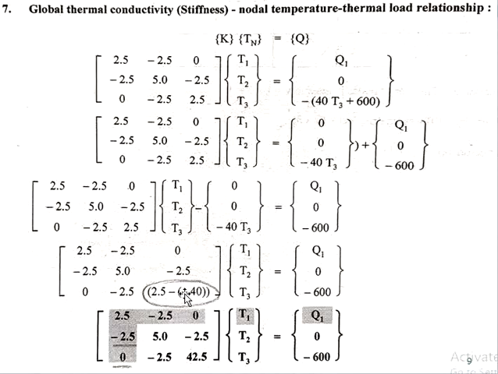That's why this minus 40 is placed here, minus minus gets plus. So minus 2.5 minus minus 40, after simplifying we'll get 42.5. So this is the simplified equation.